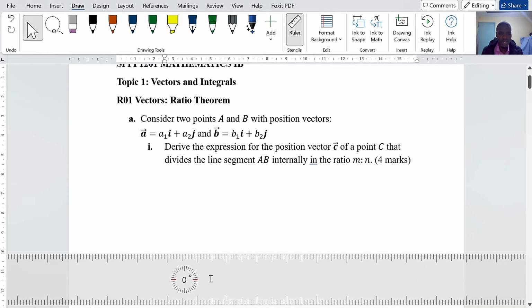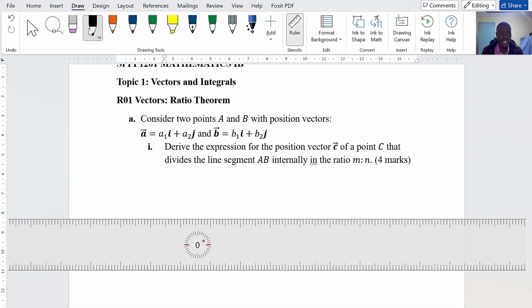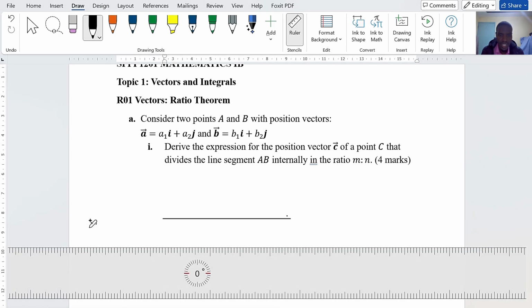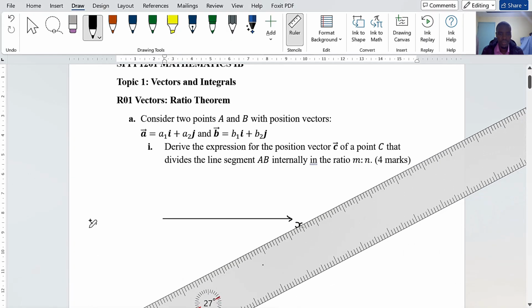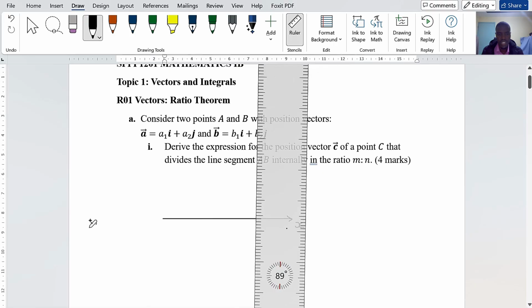So let's sketch. Let's start by sketching the Cartesian coordinate system to show the line segment AB. So we have our x-axis here. I need to turn my ruler to 90 degrees.